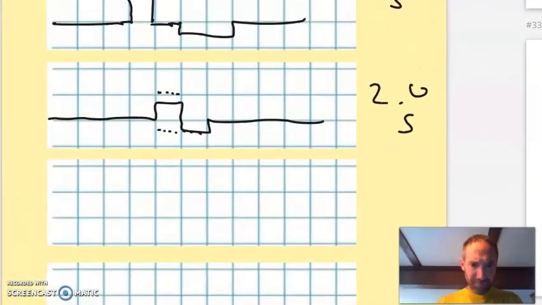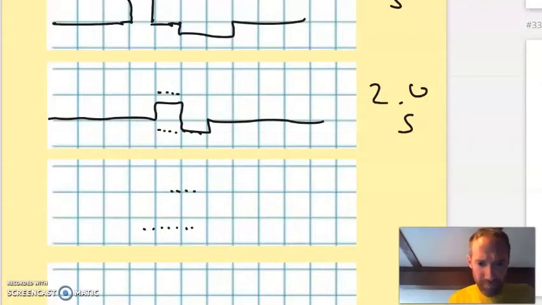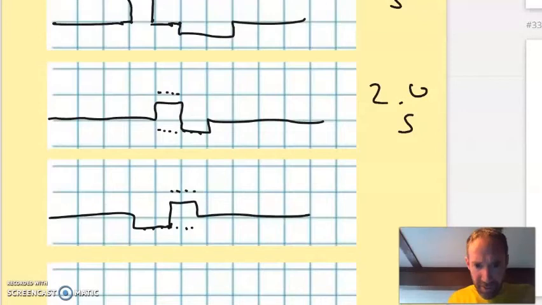We're going to have wave pulse 1 halfway across the line like this. And wave pulse 2 will be halfway across the line like that. And so it's going to be down for a little and then up for a little like that. 2.5 seconds.